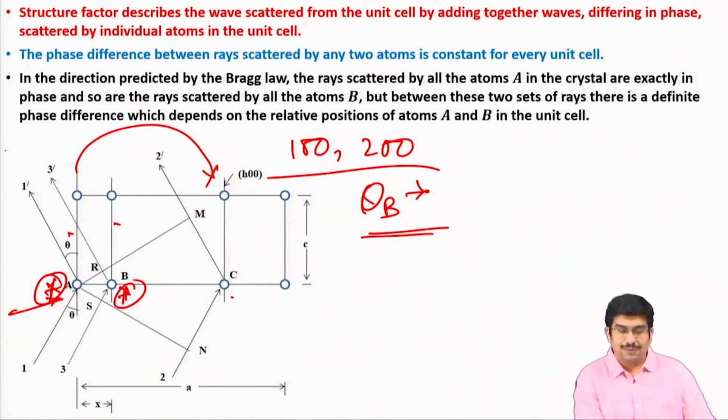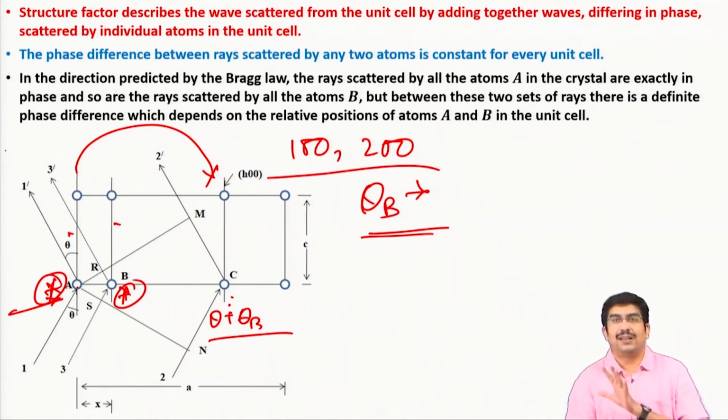So, the waves generated between this atomic plane and another atomic plane can be for an angle of theta plus theta B. A little bit of deviation can be there, but when we calculate the structure factor, we can safely ignore this, and just imagine that the structure factor represents the waves coming out from one set of planes which does not have any phase difference between themselves, and another set of planes which again does not have any.